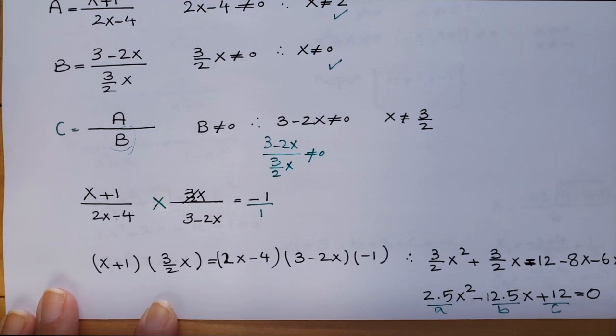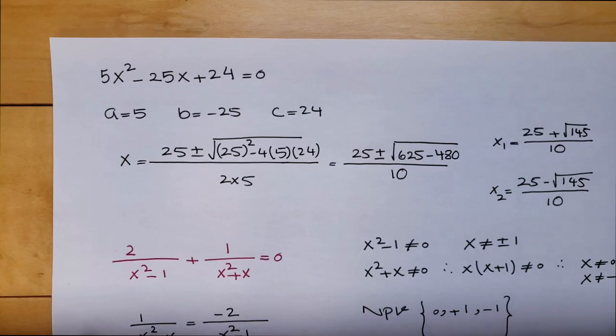Some of you might prefer to multiply this equation by 2 and get integers as the coefficients, but for this equation it would be easy even to work with 2.5 and 12.5.